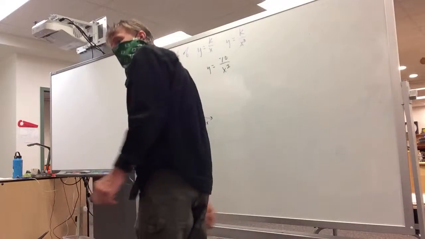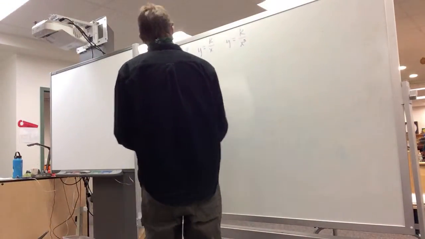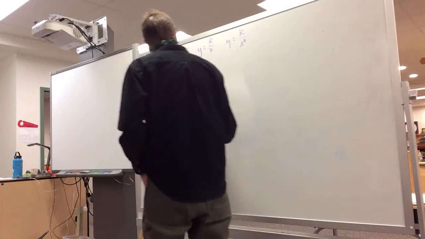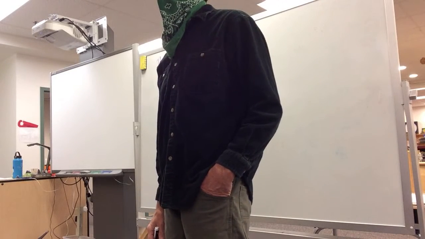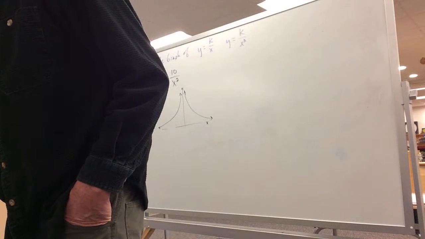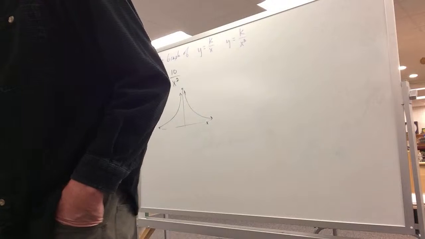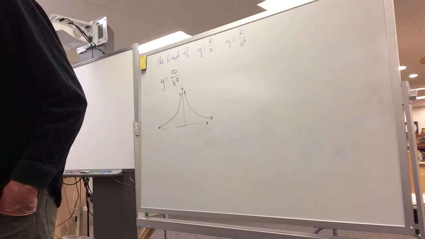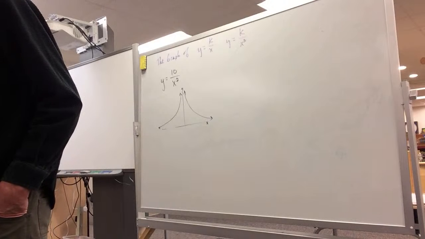So let's look at this. What are the asymptotes? Yeah, the y-axis and the x-axis are your vertical and your horizontal asymptotes. All right, now let's go to y equals. And under y sub 2, do 24 divided by x squared.